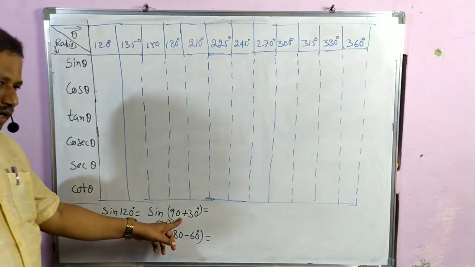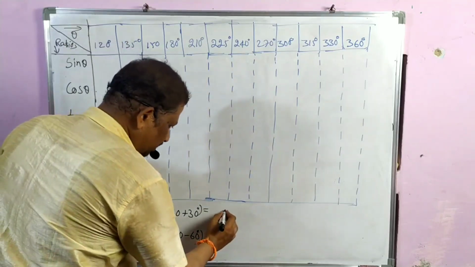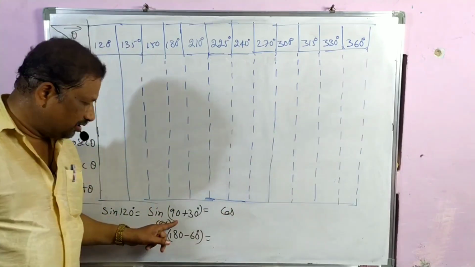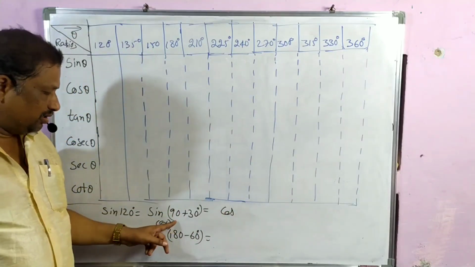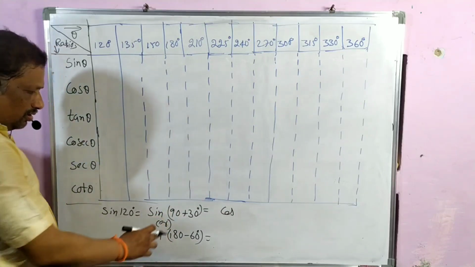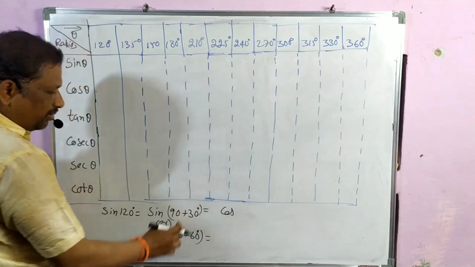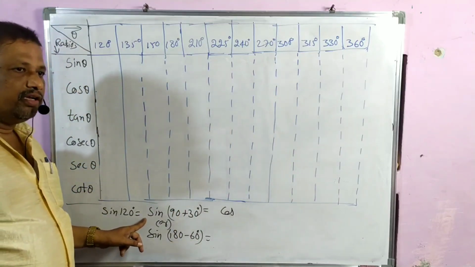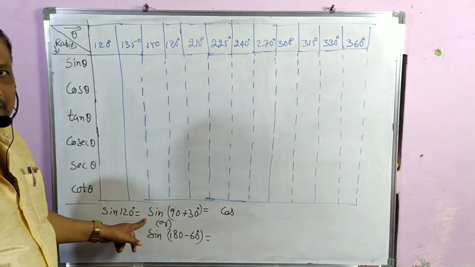When it is operating on the y-axis, the ratio changes; sine will change into cos. When we operate with 90 and 270 plus or minus, it operates on the y-axis, so it will become cos. 90 plus theta, which quadrant does it fall in? Second quadrant. In the second quadrant, we have sine and cosecant.